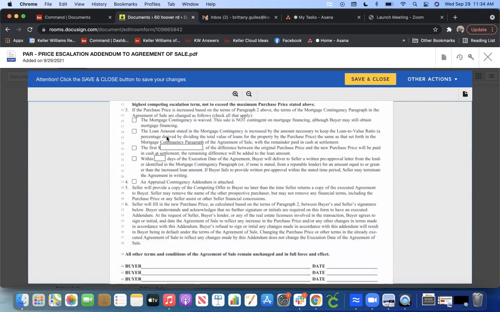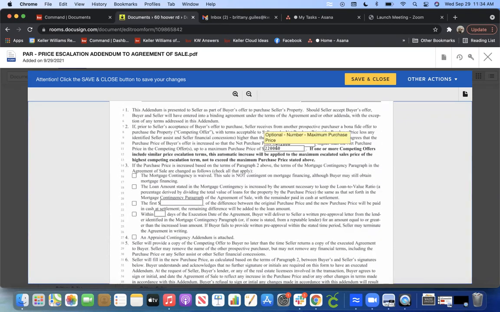You're going to scroll down here because you have to select if the mortgage contingency is waived. The sale is not contingent upon mortgage financing, so that might be a cash buyer or a buyer that's very well qualified. Then you would check that. If the loan amount has to increase with the purchase price increase, so let's say the highest competing offer was $210,000.